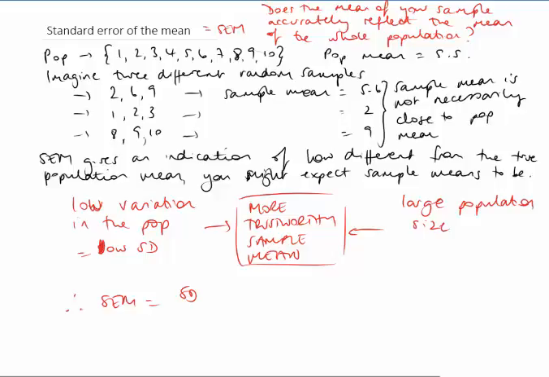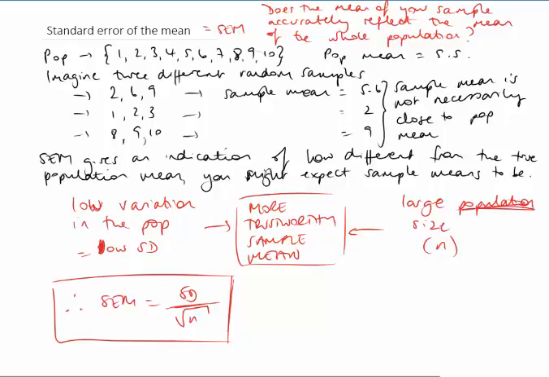And in fact, what we do is we divide the standard deviation by the square root of n, and that gives us the standard error of the mean. So it's inversely proportional to the square root of the sample size. Oh no, this should say sample size. Forgive me. Sample size, not population size.